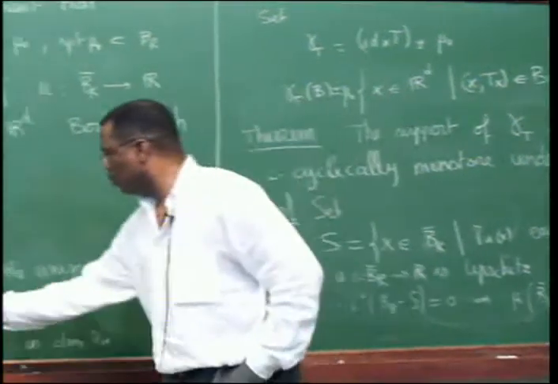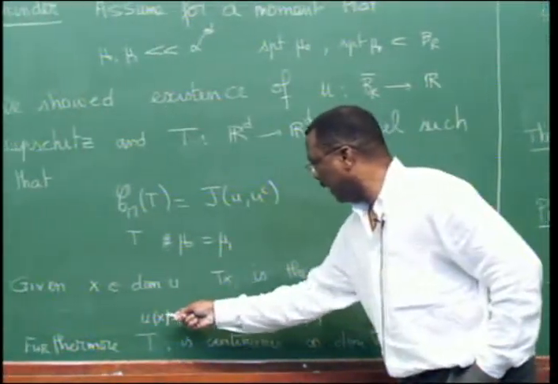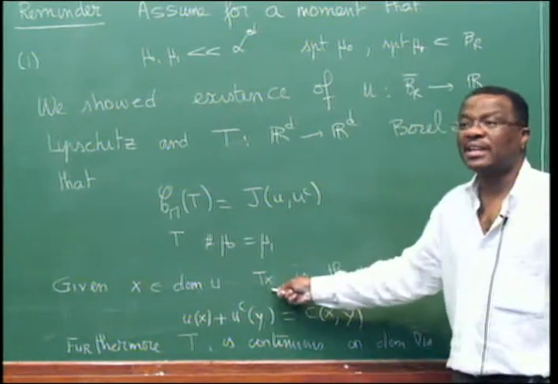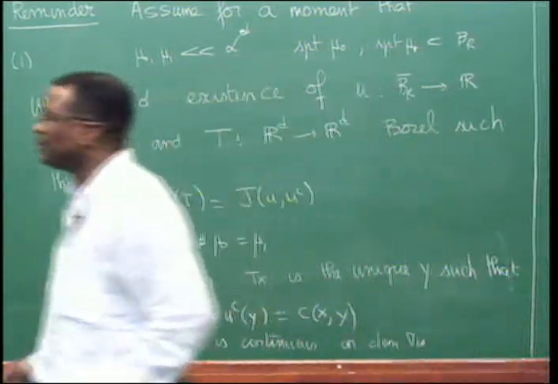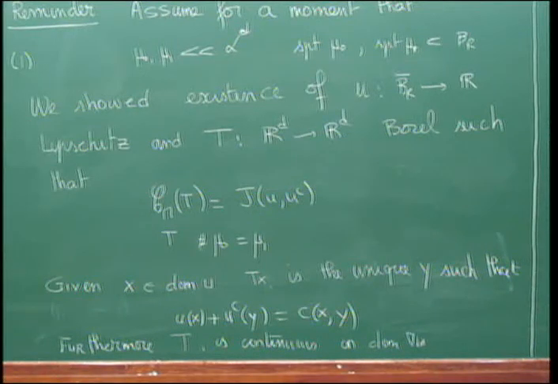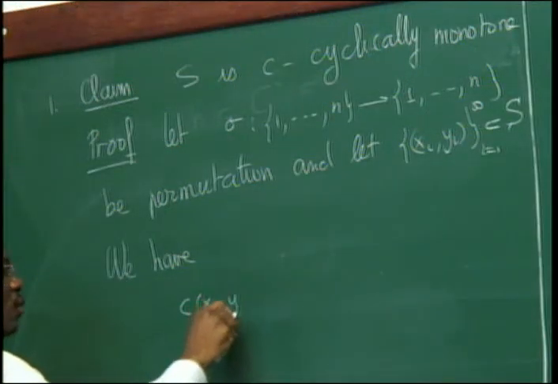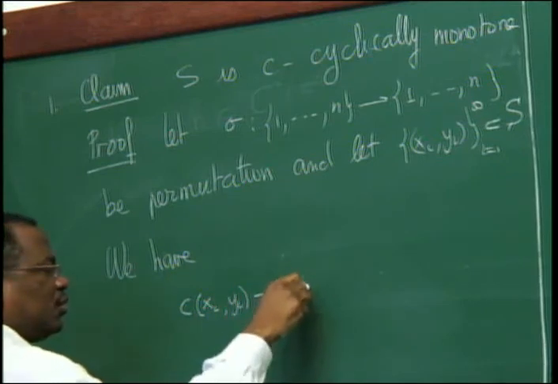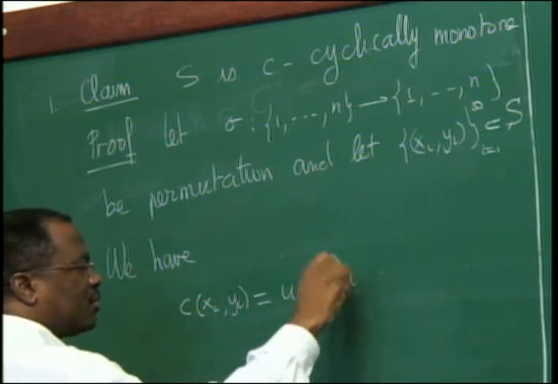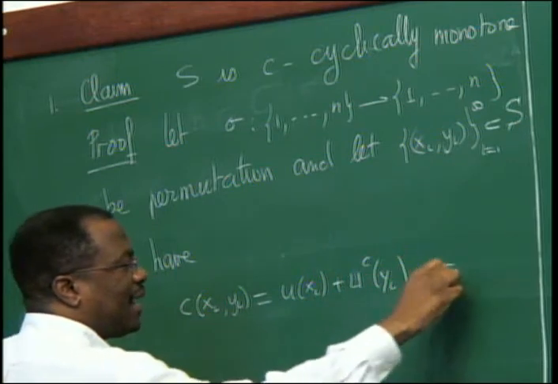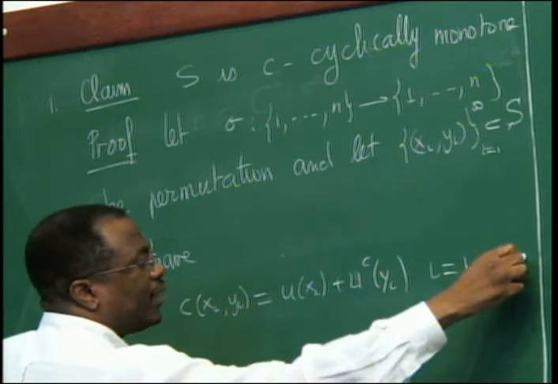But when the gradient of u exists, (x, y) in S implies that y is uniquely determined and is T of x. We have c of xi, yi is u of xi plus uc of yi for i from 1 to n.